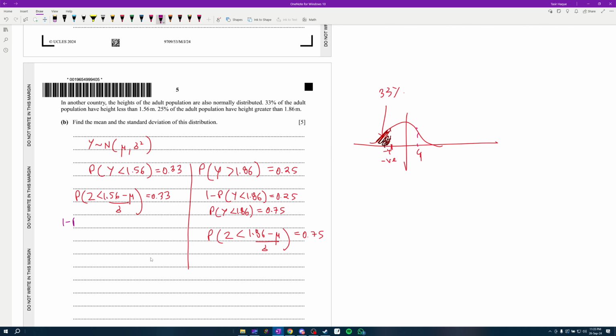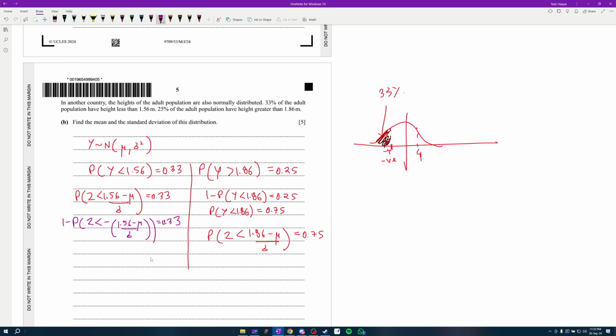So 1 minus P(z is less than minus (1.56 minus mu) by sigma). Sorry, my TV just turned on. Okay, 0.67.